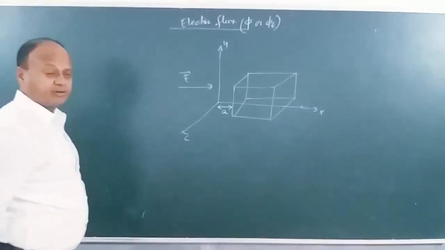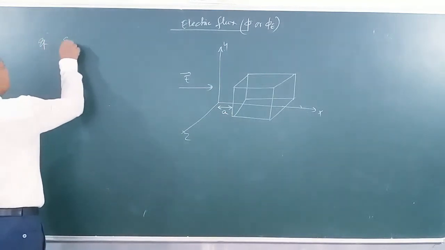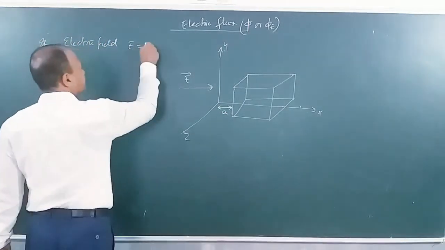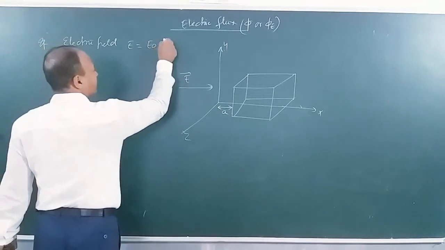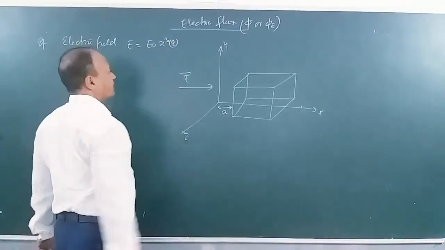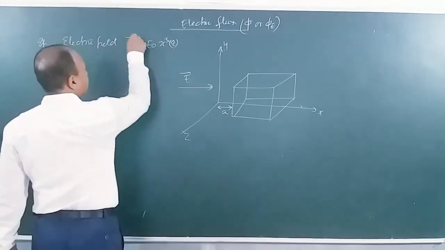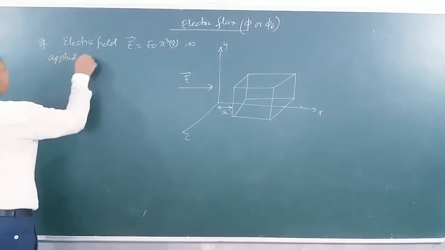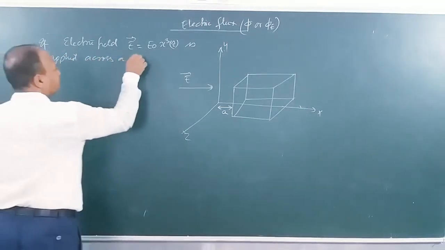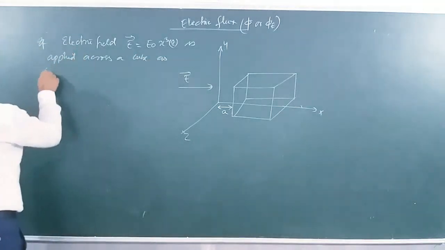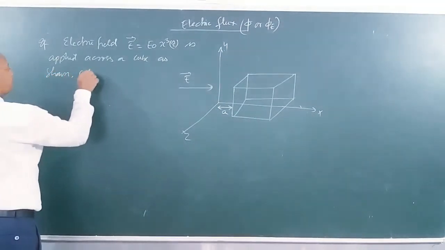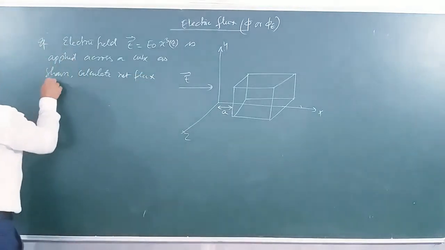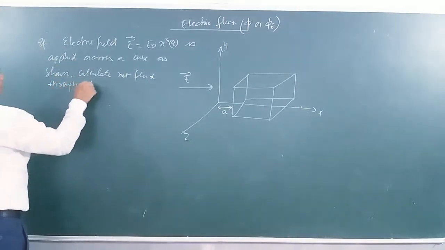If the electric field E equals E naught x square or x cube i is applied across a cube as shown, calculate the net flux through it.